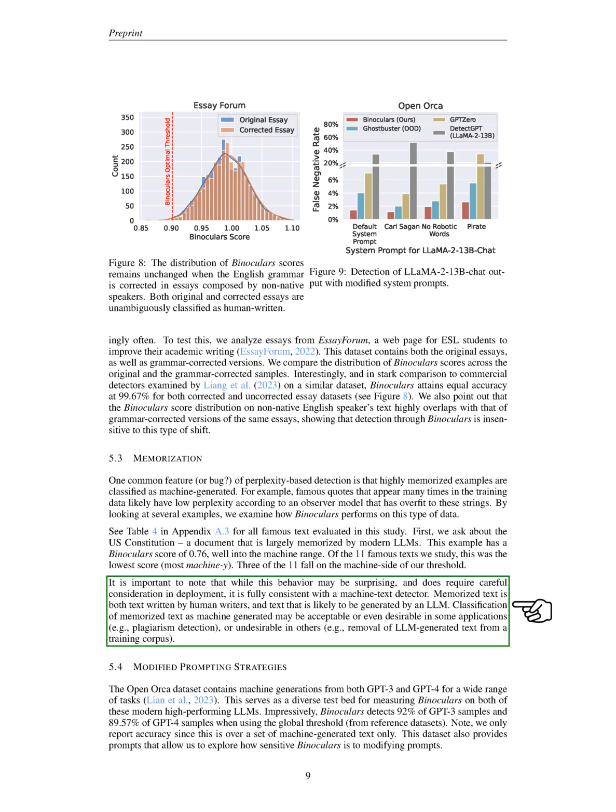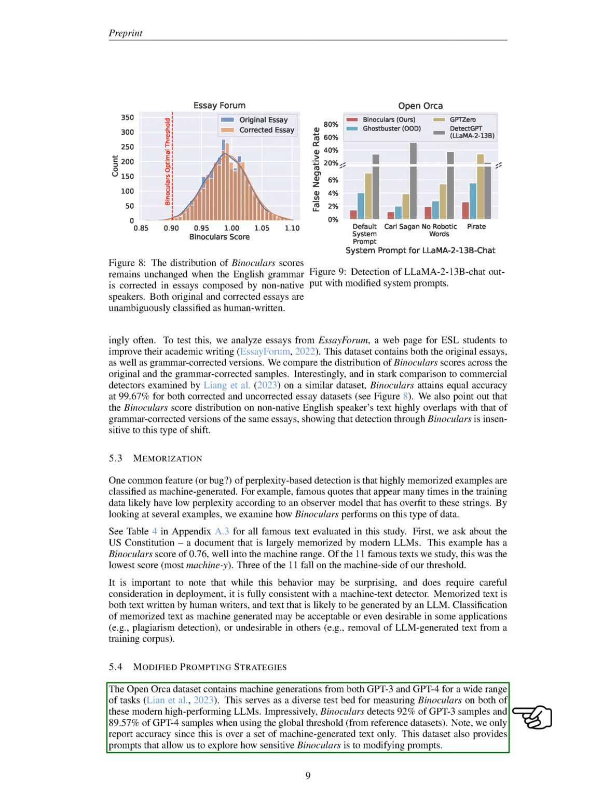Section: Modified Prompting Strategies. We've been testing our tool, Binoculars, on the OpenOrca dataset, which includes machine-generated content from both GPT-3 and GPT-4. This dataset is a great testing ground for Binoculars, given its diversity.